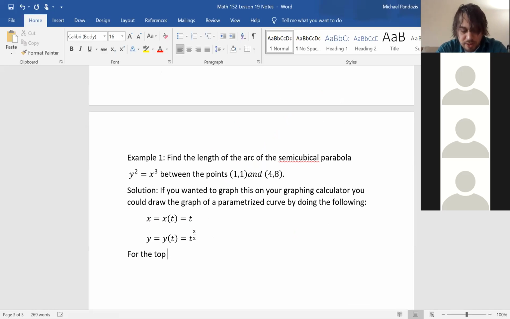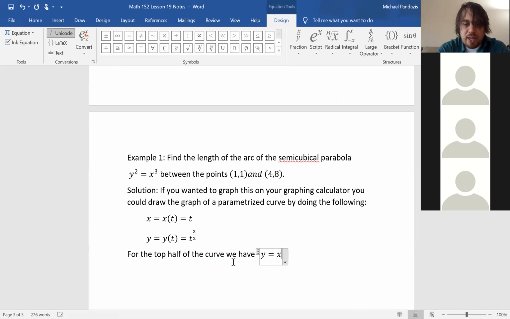For the top half of the curve, we have that y is equal to x to the 3/2. And dy dx, which is the derivative of that, is equal to 3/2 x to the 1/2.